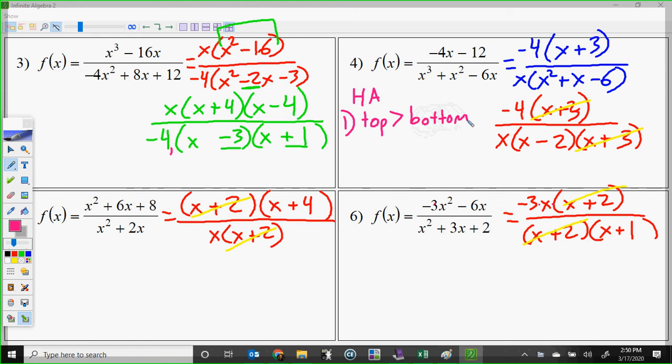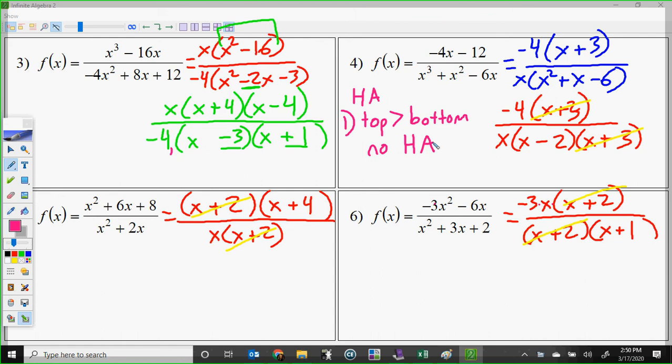Okay, well, if the highest exponent of the top is greater than the highest exponent of the bottom, then I have no horizontal asymptote. Well, let's look. I have 4 different problems here. Are there any of these problems where the highest exponent of the top is greater than the highest exponent of the bottom?